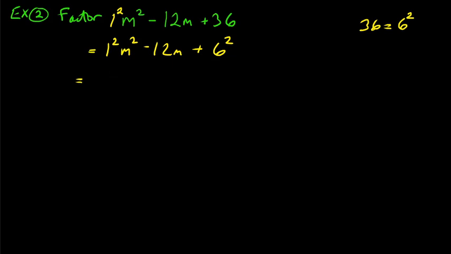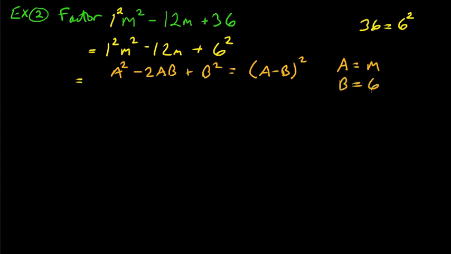In other words, this fits the pattern a squared minus 2ab plus b squared, and we can factor that as a minus b squared. All we have to do is recognize what is a and b here. So a is just 1m, or m, and b is just 6. So if this works, this is just m minus 6 squared, and we're done.